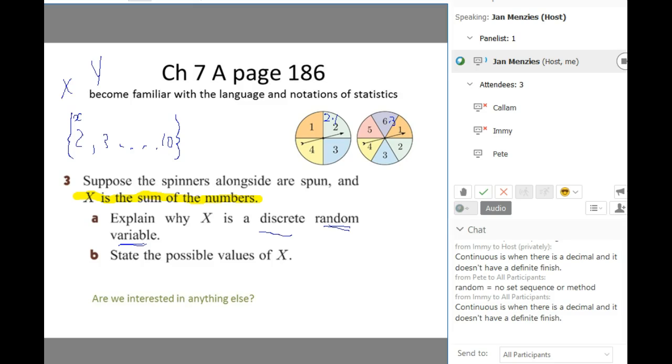But in this particular one, to get a double number is much harder than to get a sum of 7, because the only way to get double 1 is a 1 and a 1. But to get 7, we could get a 1 and a 6, or a 2 and a 5, or a 3 and a 4, or a 4 and a 3.